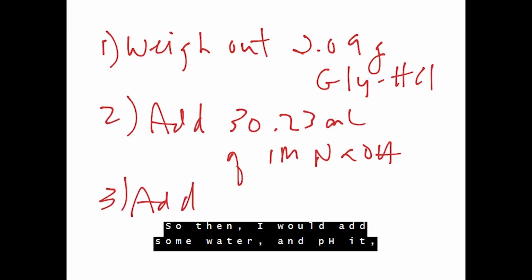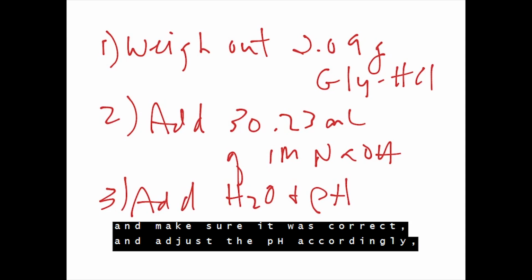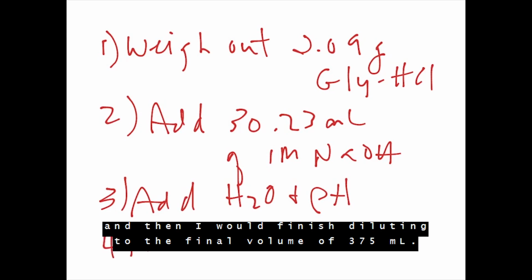Then I would add some water, pH it, make sure it was correct and adjust the pH accordingly. And then I would finish diluting to the final volume of 375 mLs.